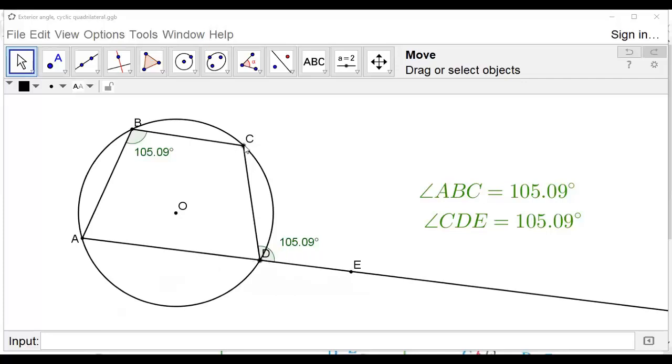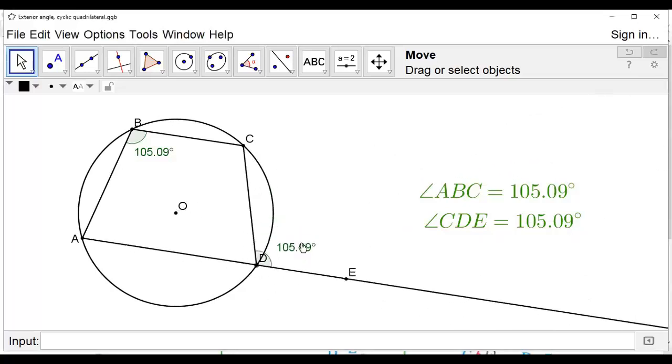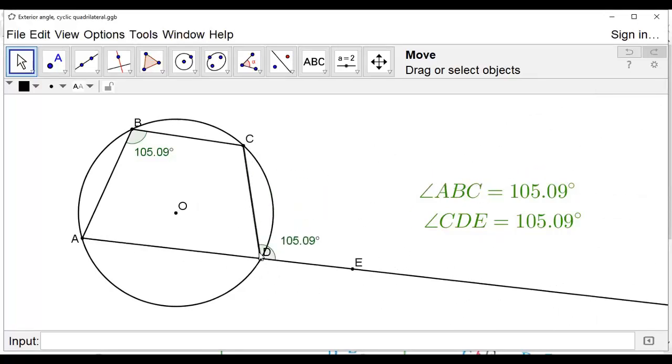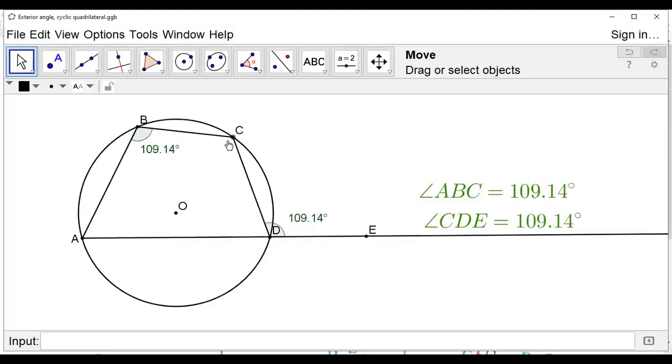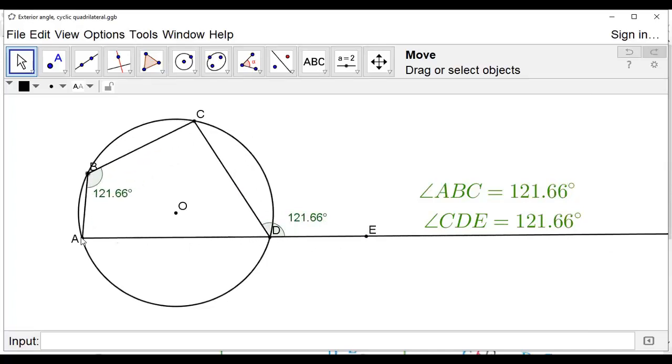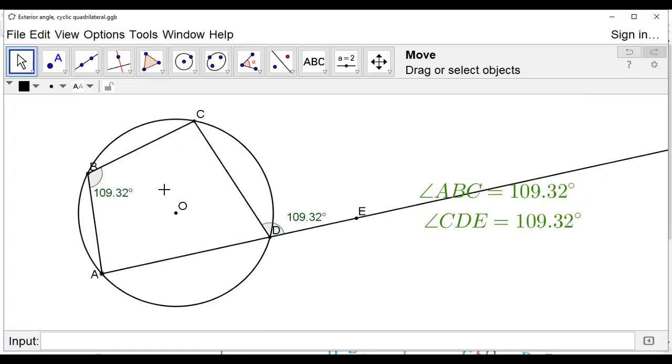So angle CDE is the exterior angle of the cyclic quad ABCD. Whatever the extension is, let's try to find the relation between D and B. B always equals the exterior angle. Even if it is changed, it will change with it.